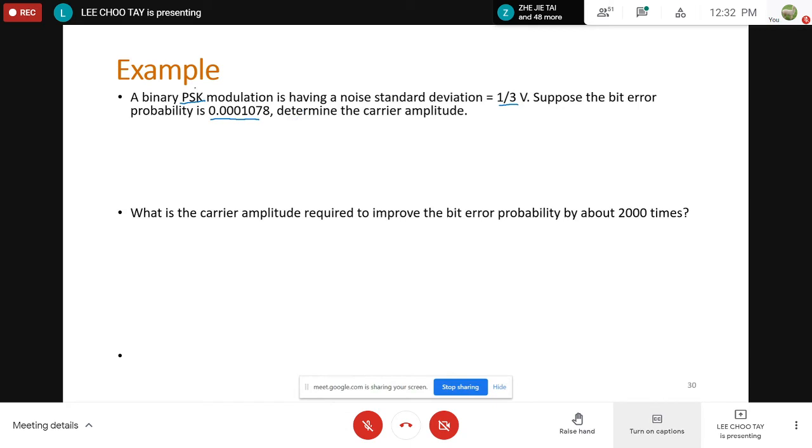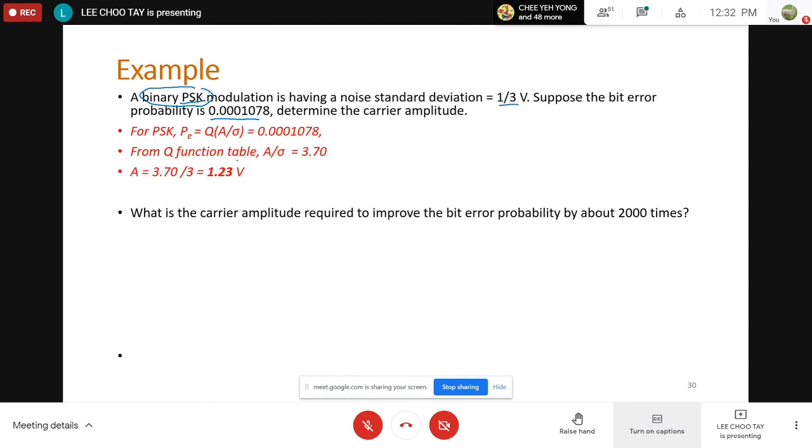Firstly, list down the equation for the probability of error for binary PSK. That is Q of A over sigma, and it has to be this number.